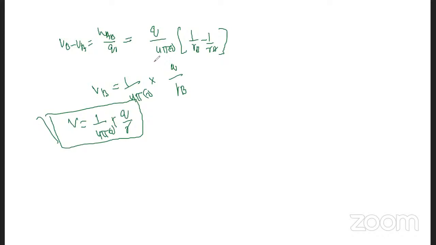In the next class, we'll see the potential as well as the electric field due to an electric dipole. Both we can calculate. So in the next class, we'll see what an electric dipole is, what the potential due to the dipole is, and what the electric field due to the dipole is.